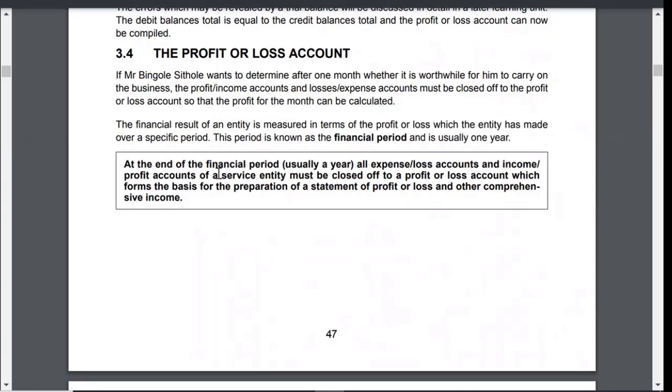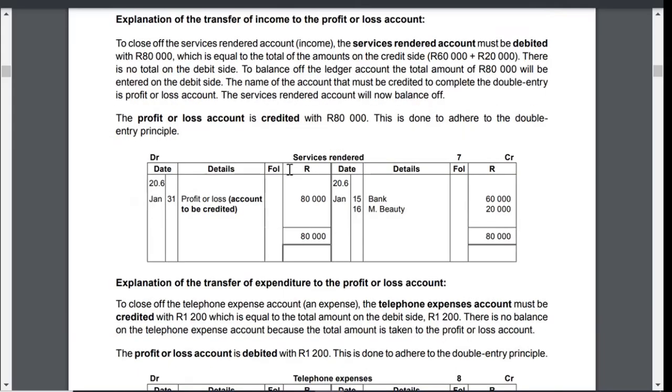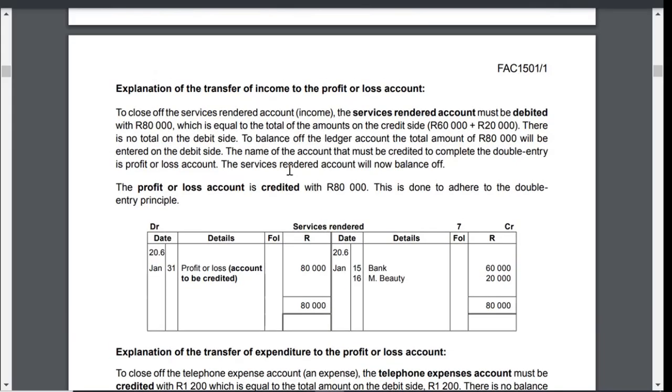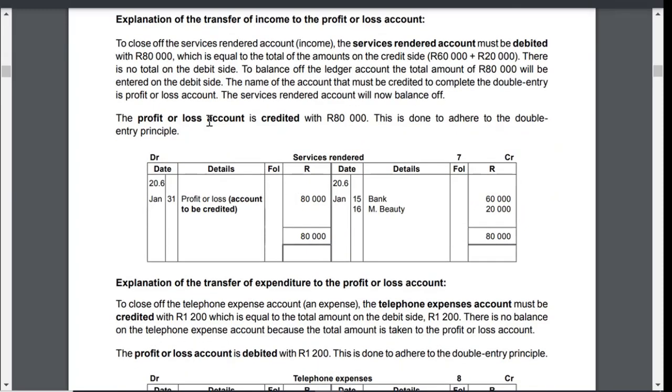So they say here that at the end of the financial period, all expense or loss accounts and income or profit accounts of a service entity must be closed off to a profit and loss account, which forms the basis for the preparation of the statement of profit and loss and other comprehensive income. So basically, all the income and expenses are being transferred to a profit and loss account to determine if a company has made a profit or loss.